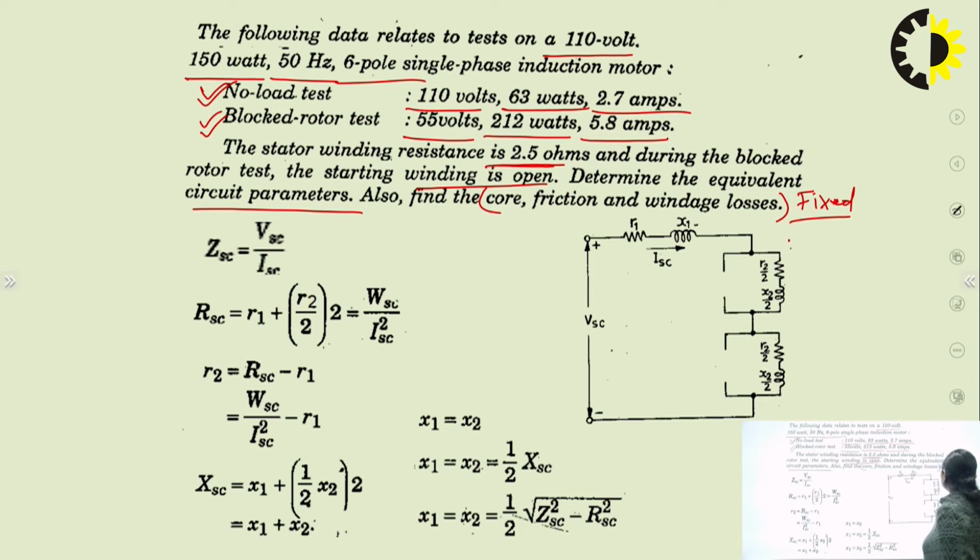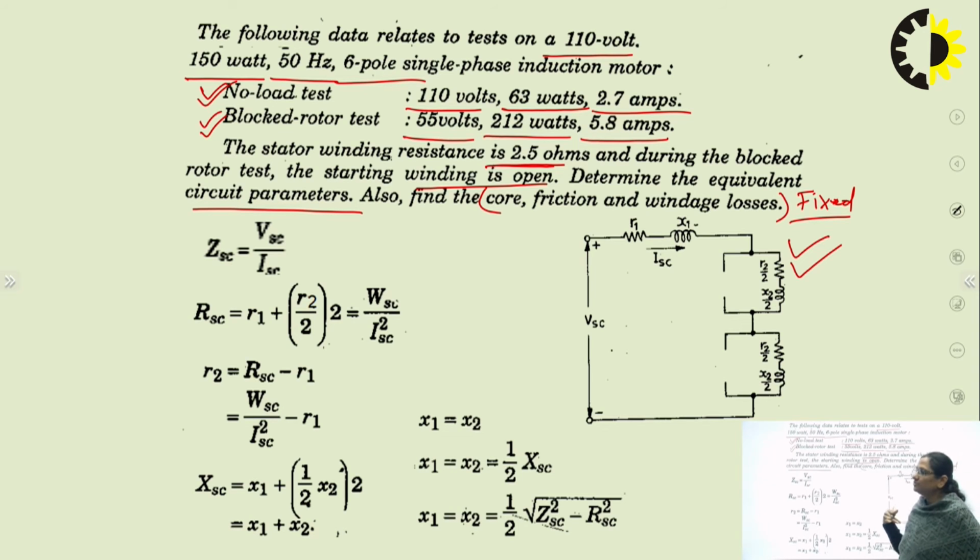The equivalent circuit of a single phase induction motor under blocked rotor condition can be drawn like this. You can see that the branch corresponding to XM, the magnetizing reactance, is ignored here. Why so? Because as the voltage under blocked rotor condition is very low, the flux will also be low and we can neglect this particular branch.